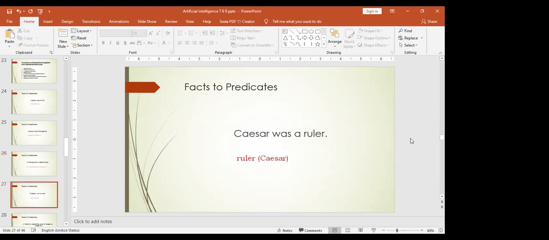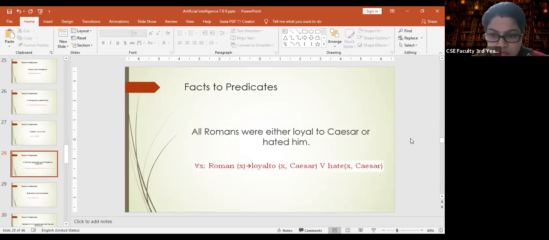Then I'm going into the next part. Convert this into the clause.